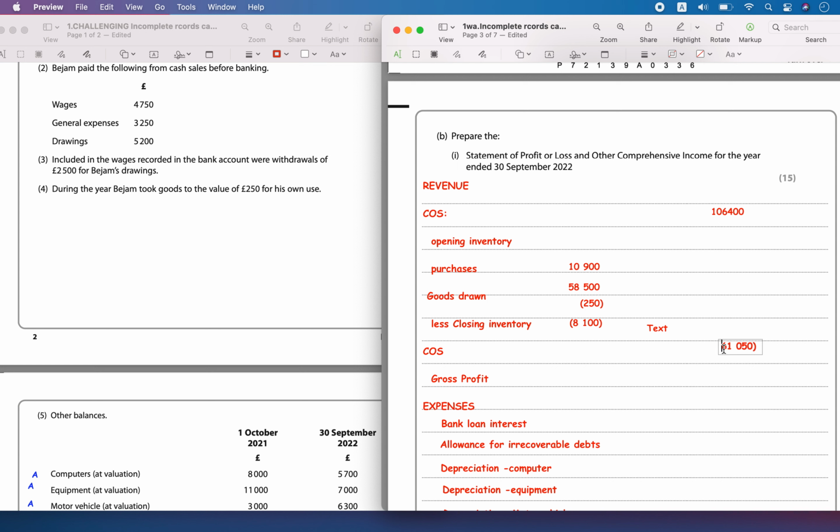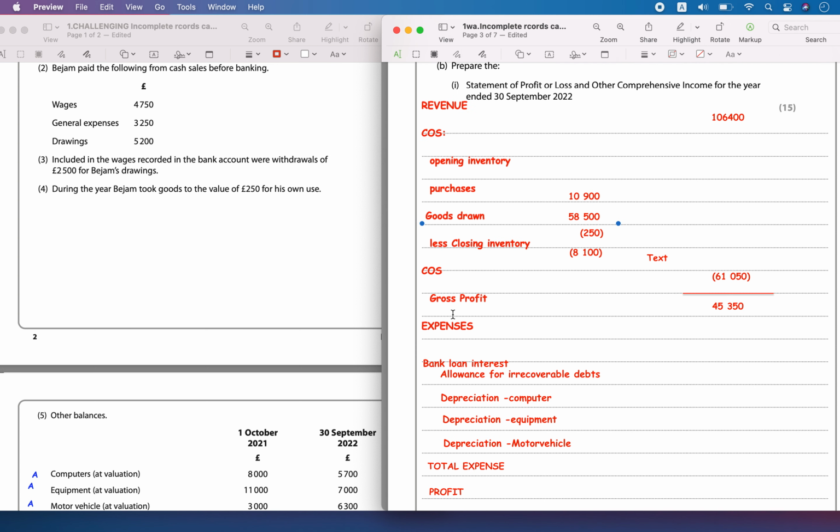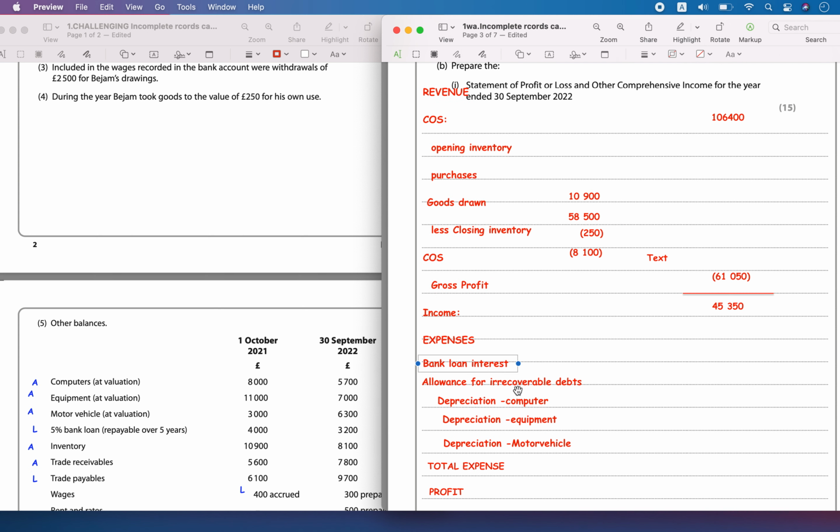This one we have to subtract to get the gross profit. So revenue 106,400 minus 61,050 is going to be equal to 45,350.